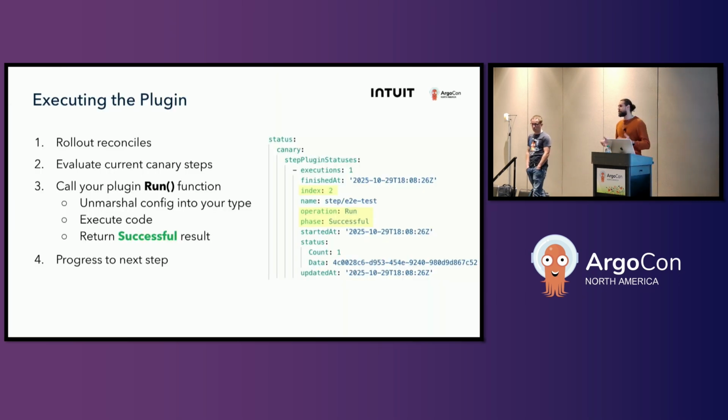So what will happen? Your rollout will reconcile, and then we'll go through the different steps, and eventually it will reach a step that is your plugin. Now, the rollout controller will call the run function over RPC, and the first thing that your plugin will need to do is to parse that config object.